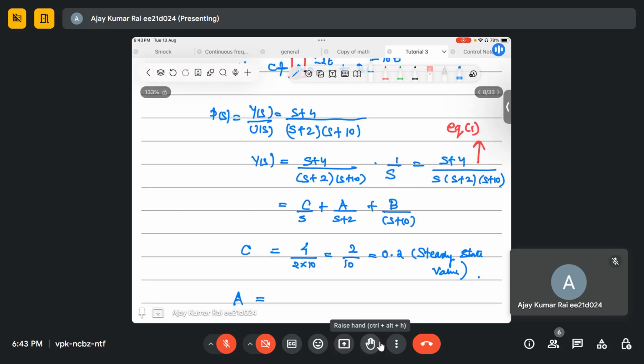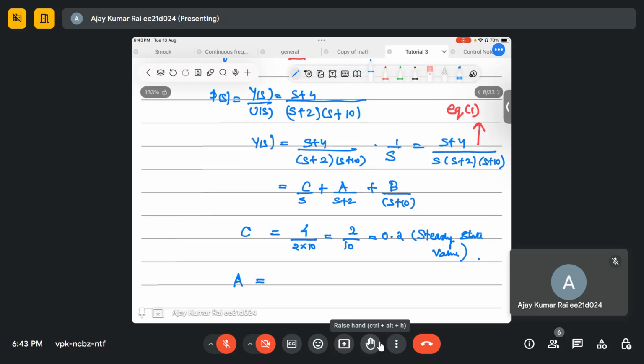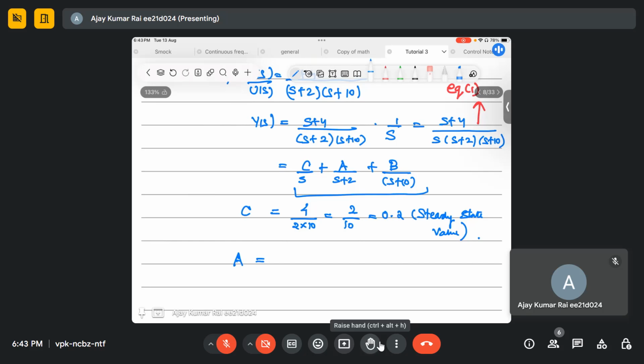Okay, so what you do, you multiply s plus 2 in equation 1, because equation 1 is equal to this, right? So you just multiply right hand side and left hand side by s plus 2, and put s equal to -2.